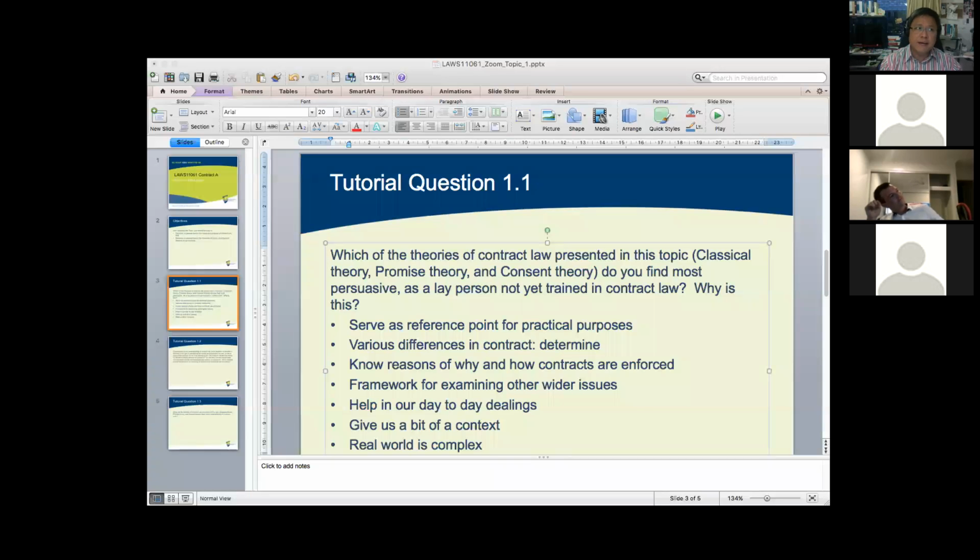Or there might have been no intention on the part of a person to actually put himself in a situation where he becomes bound by what he promises. In that case, the law may have to intervene. In other words, there are certain public policy considerations that have to be considered when you examine the freedom of contract. So there will be times when, because of public policy, the law will have to step in.